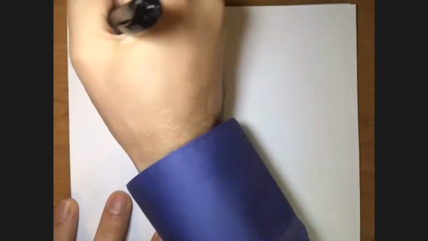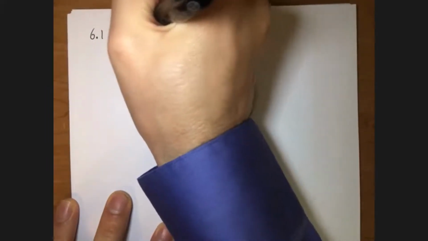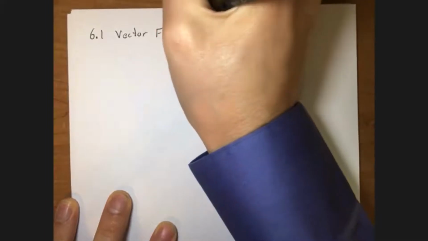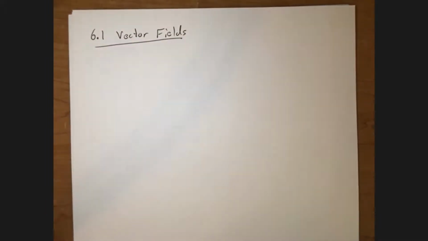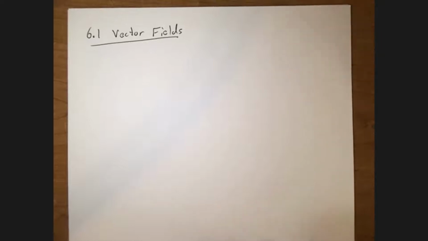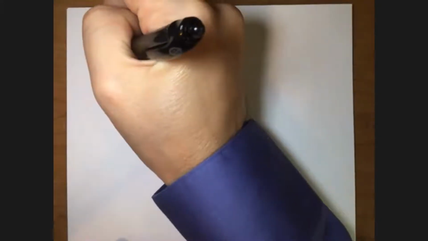All right. So this is section 6.1. Vector fields. And a vector field is just a function. That's all it is. It's just a different kind of function than the one that we've been looking at up till now. Let's just go through the different kinds of functions that we've seen.